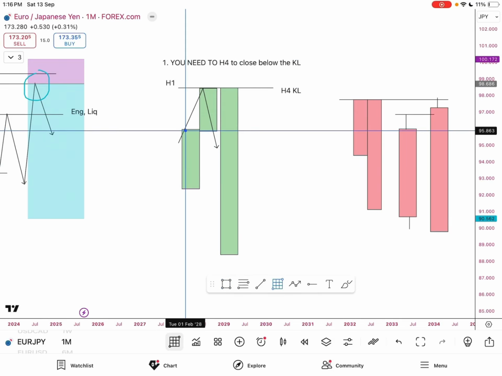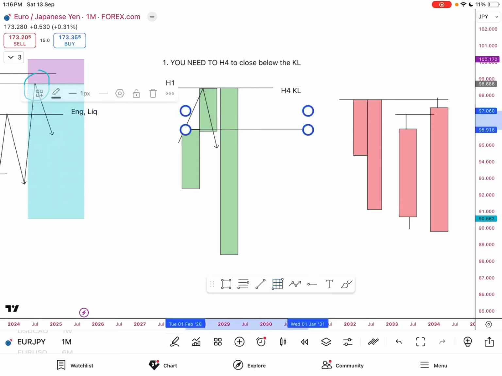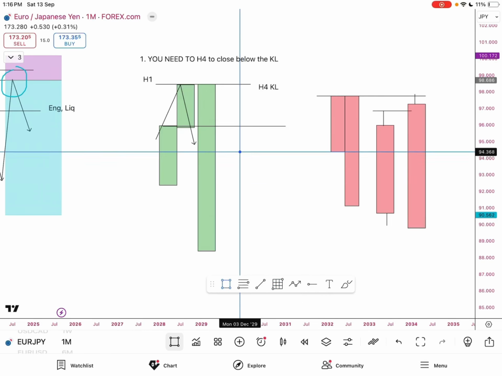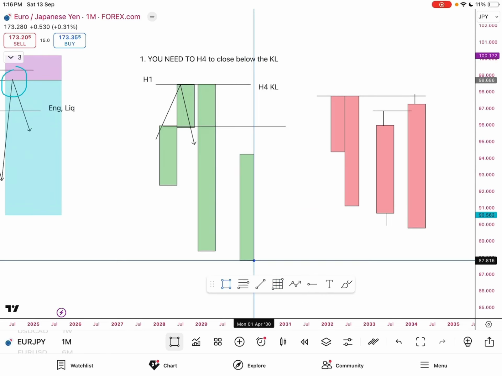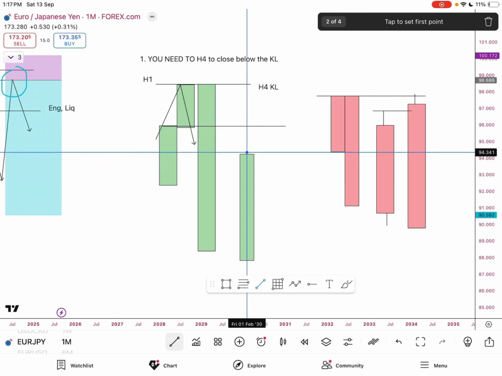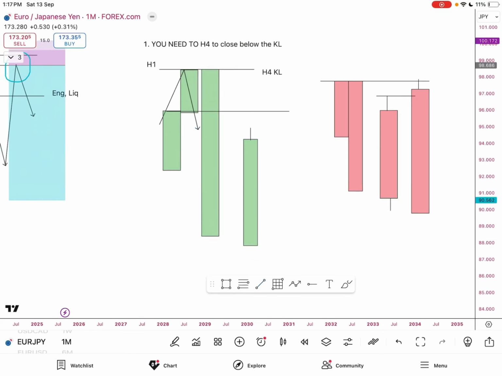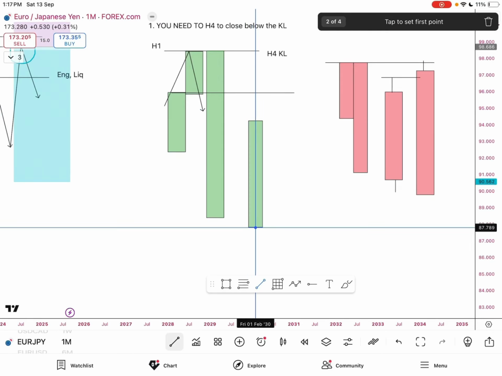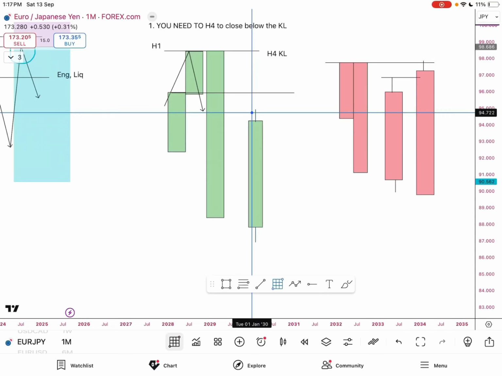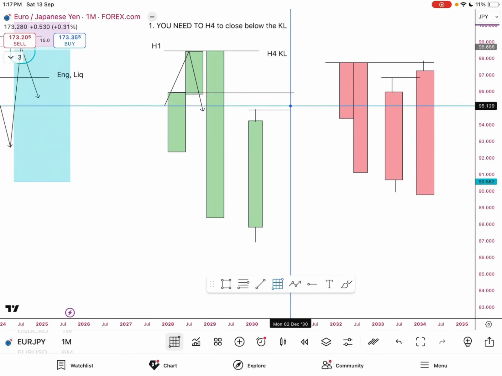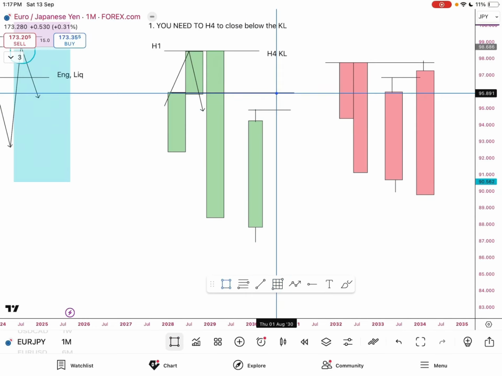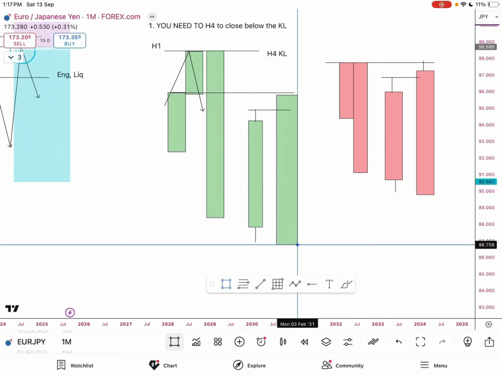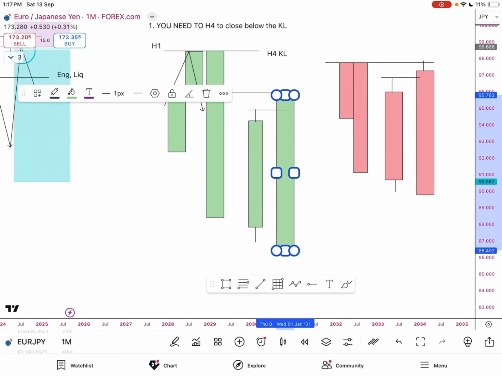You can take our entry in this gap, like here. The next candle will be the liquidity which wants to go like this. It doesn't react from the key level. Like we can consider this as a liquidity. Okay, and this is our entry. In this entry the price reacted like this.